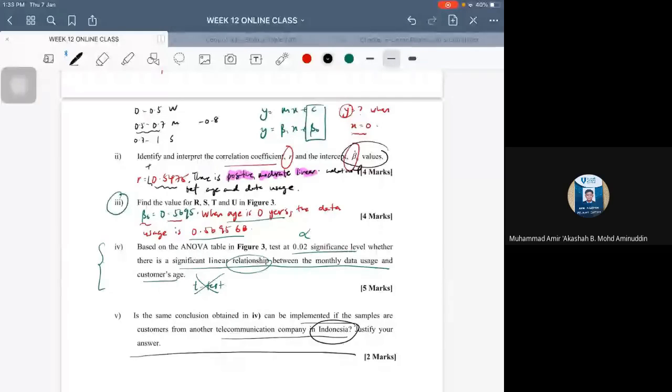I cannot give the model to someone from a different country and have them use it. It's not possible. So you can only use it when you implement it on people from the same population.